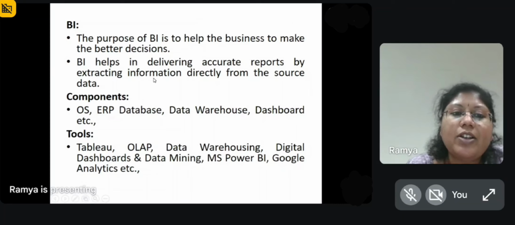So what components support business intelligence? That is, we have ERP, database, data warehouse, dashboard.